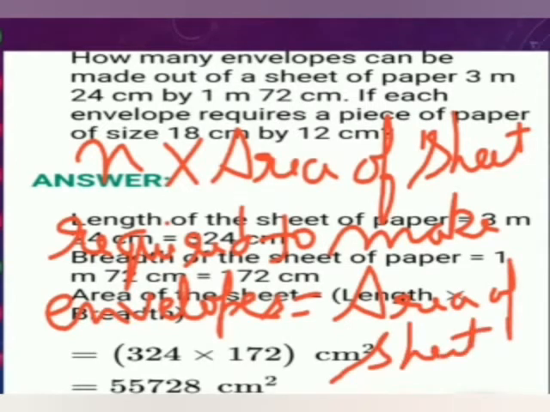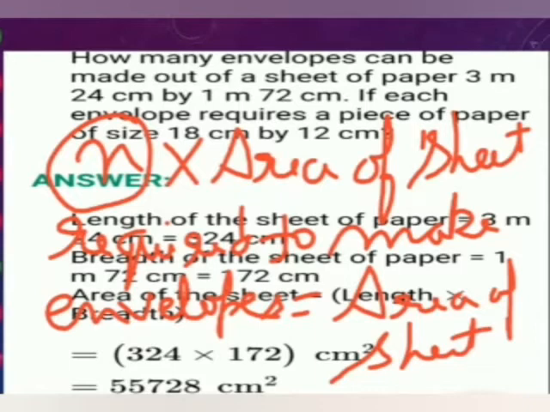So n is the number of envelopes that you are going to make with that entire sheet, multiplied by the area of the sheet which is required to make one envelope. When you multiply by the number of envelopes, it will provide you the area of the sheet.